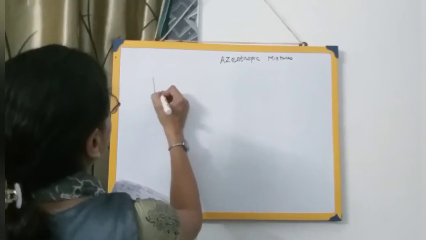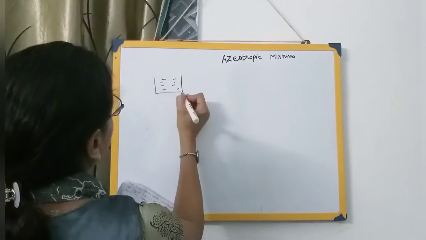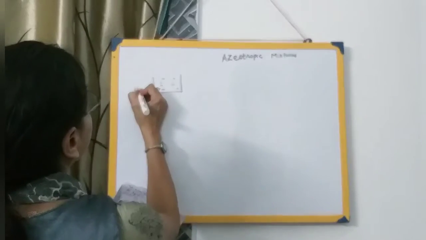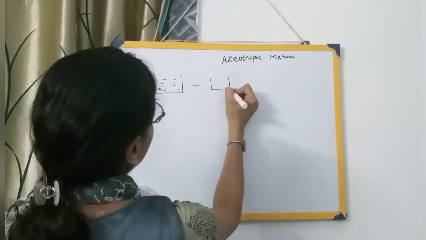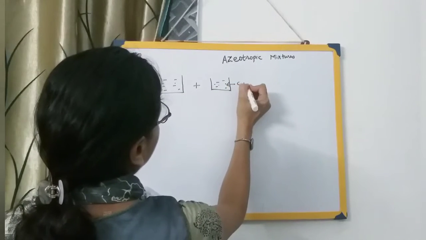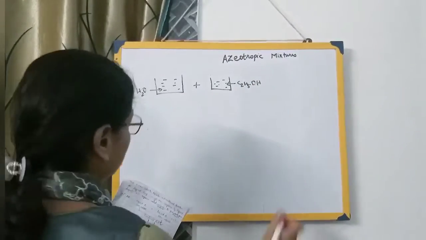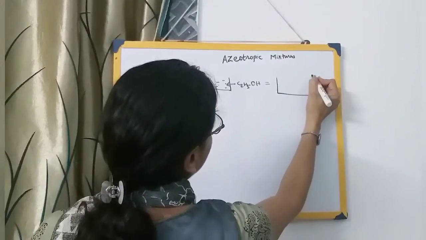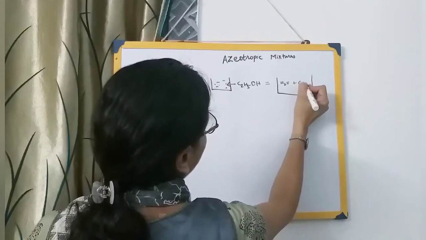Suppose you have two liquids: let's consider this is water plus this is ethyl alcohol. Both of them have been mixed together, and we will get a solution of water and ethyl alcohol, that is H2O plus C2H5OH.